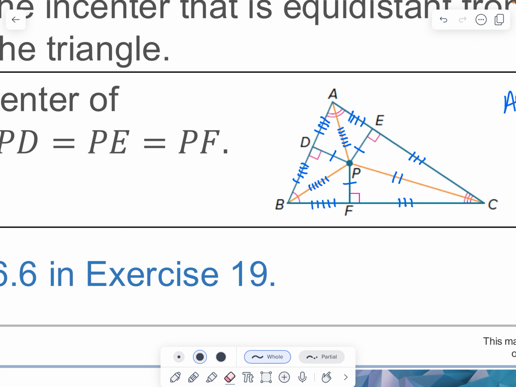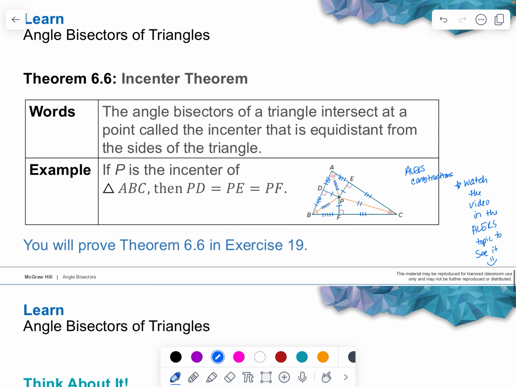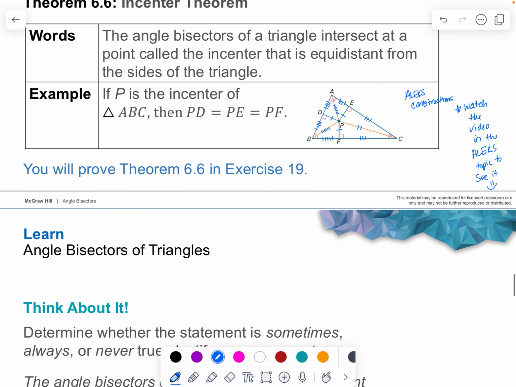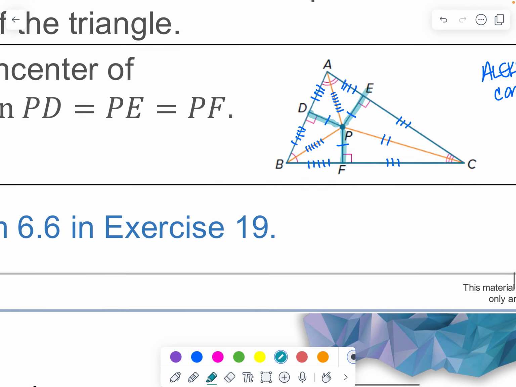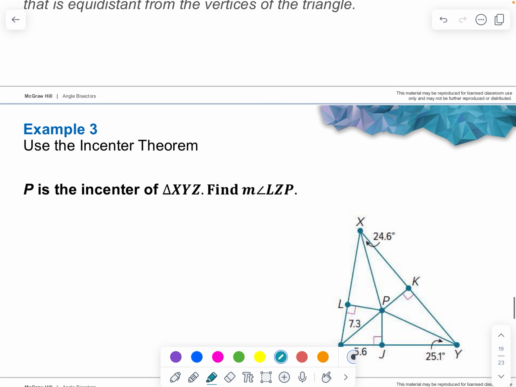Wait, 7. Okay. I wouldn't worry as much about the outside stuff. Worry about the angles. And remember that these all match. Let's go check out some.